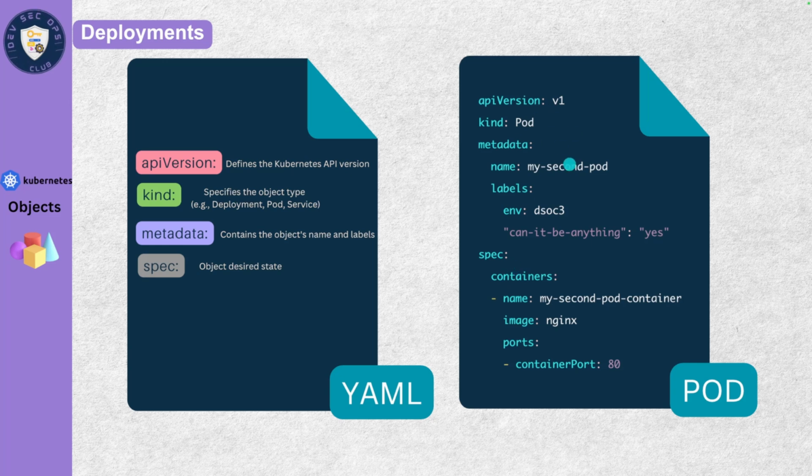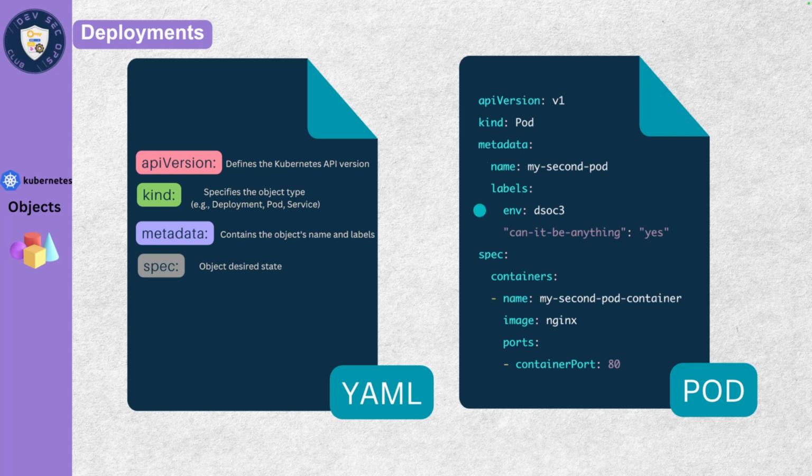Of course the object is the pod. If we have a multi-container pod, our desired state is a multi-container pod, but here the desired state is a single-container pod.